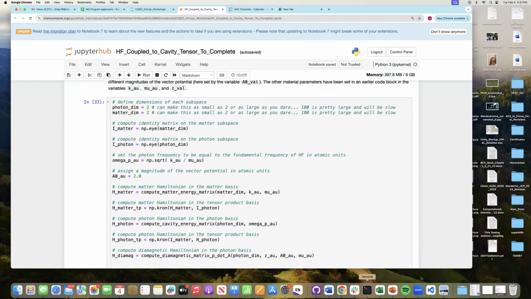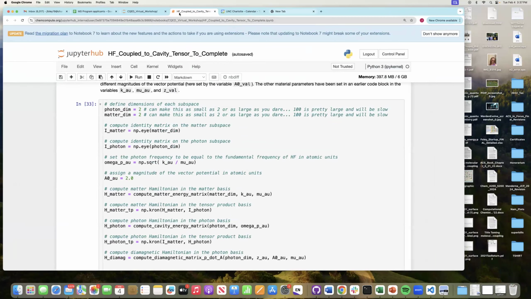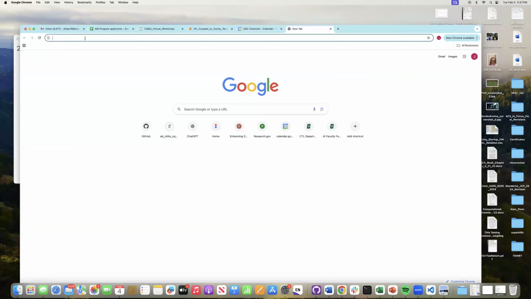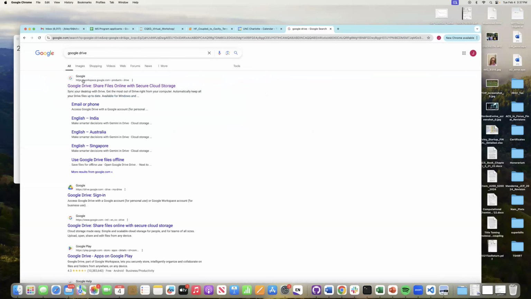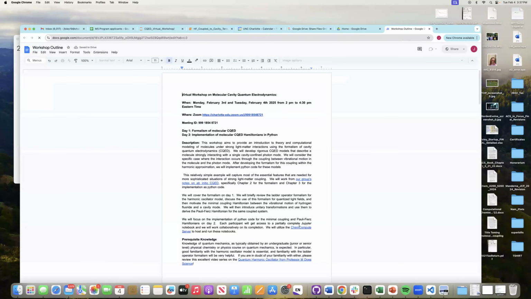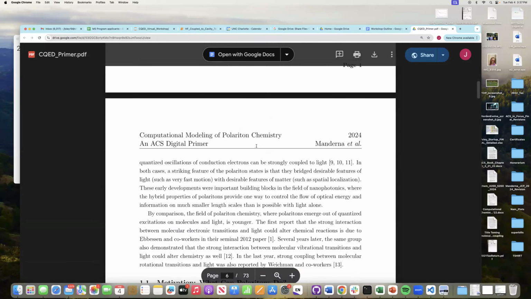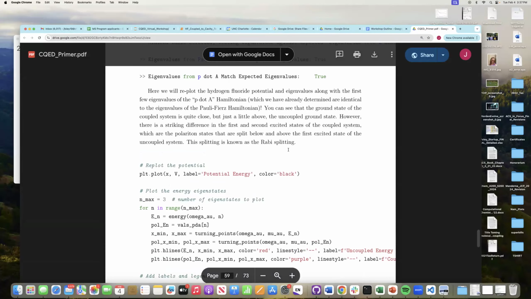Let me come over to this. It could be that we broke this example by using really strong coupling. Is that what happened?